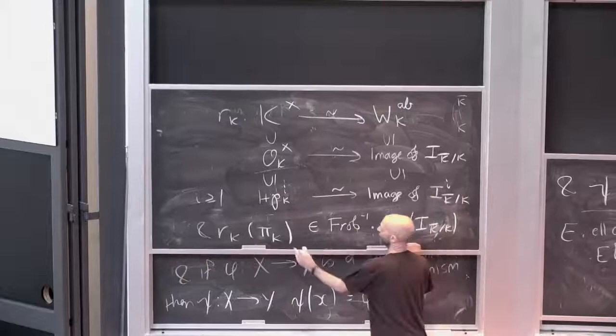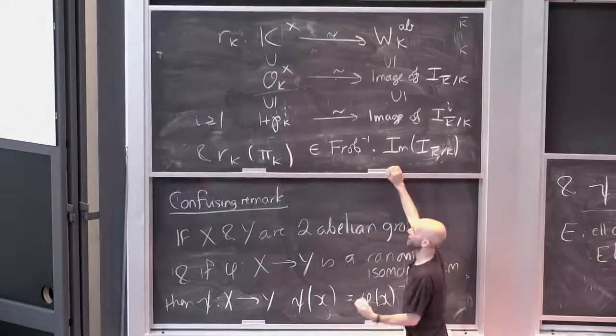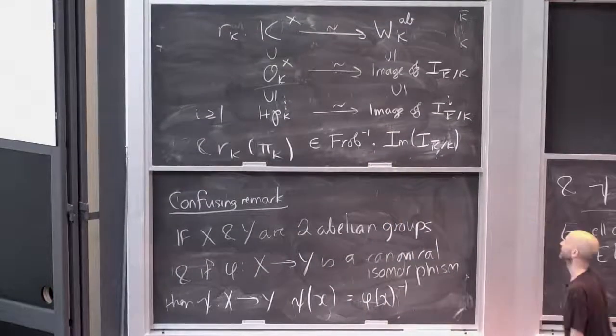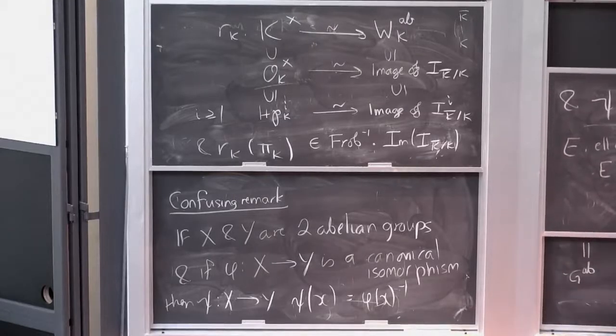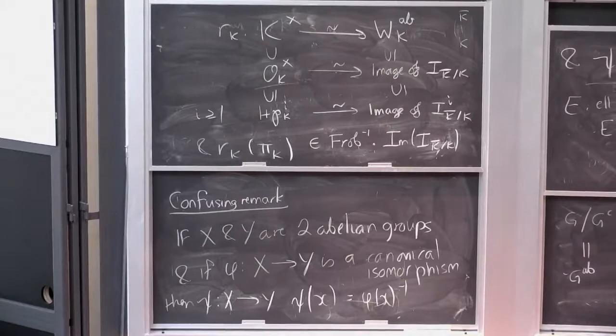Because if pi k is a uniformizer, the reciprocal of pi k is not a uniformizer. So what's actually going on, philosophically, is that there are two canonical isomorphisms between K star and WK ab. They're both canonical, and you can tell the difference between them. That's the point.